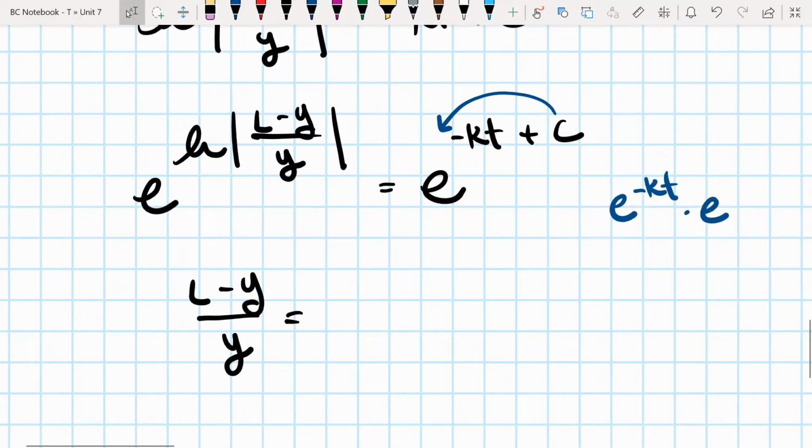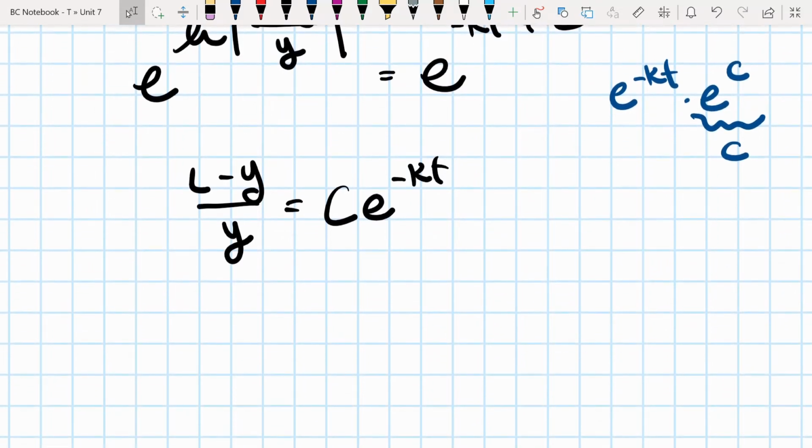I'll write out the steps here. Because e raised to c is just a constant, so the right-hand side becomes c e to the negative k times t. Okay? And let's break the left-hand side apart. So L over y minus 1 equals c e to the negative k times t.